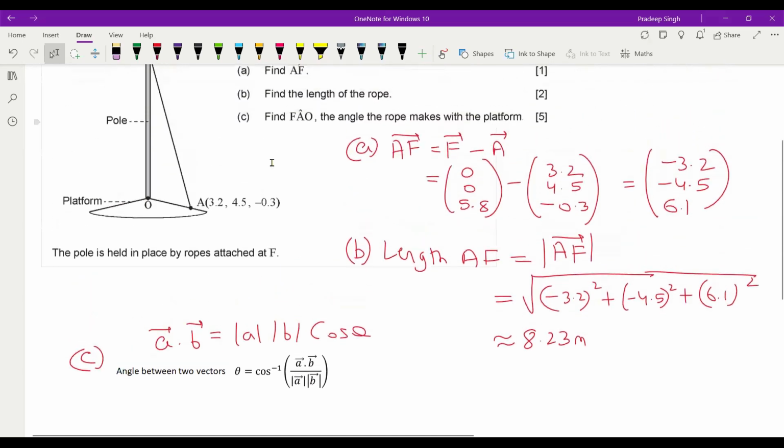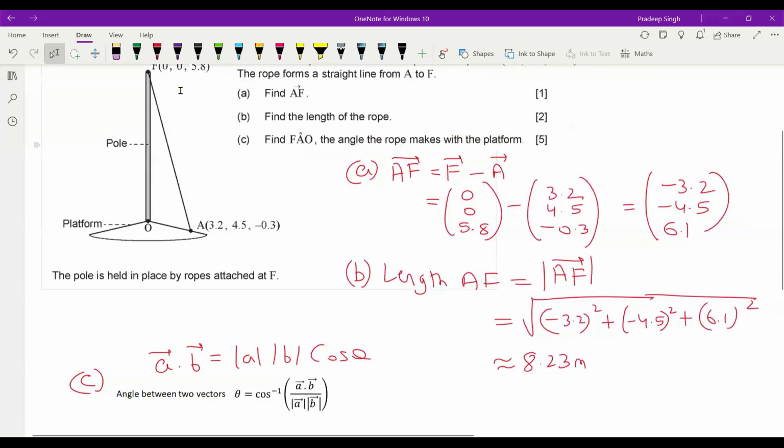In this case, we have to find angle FAO. Let me plot that. Let's say this is the angle theta. So how do we do that? First, you need to figure out which two vectors are being talked about. We already found AF vector. So one vector is AF vector and the other vector will be AO.